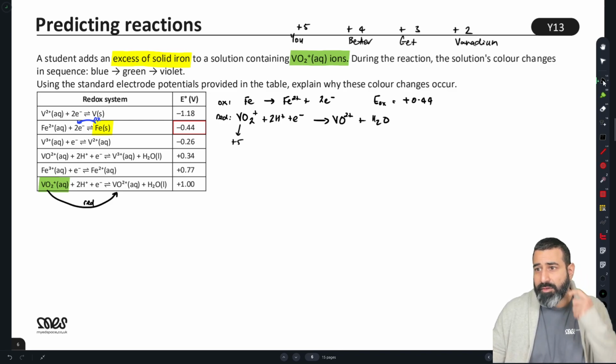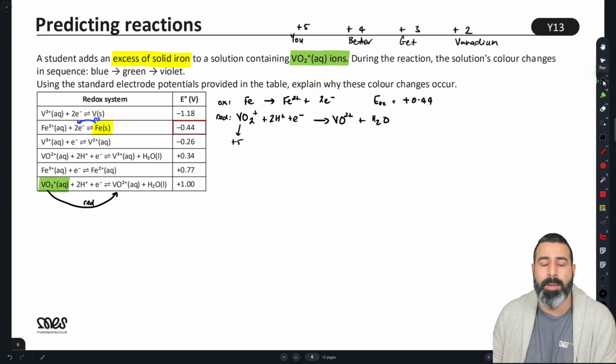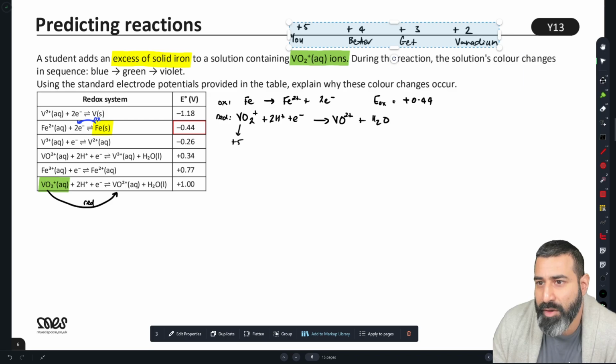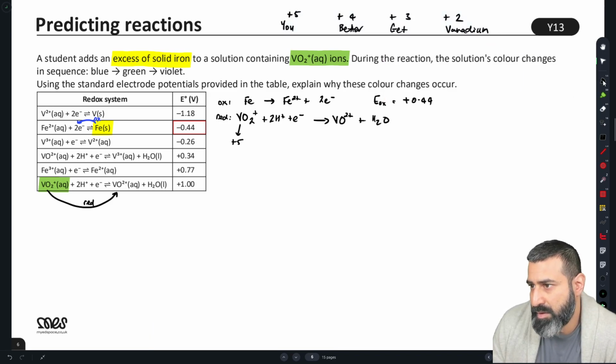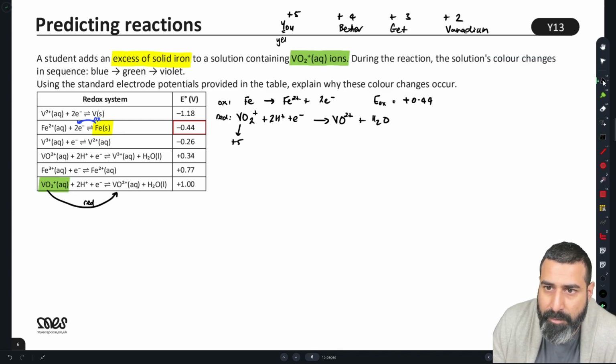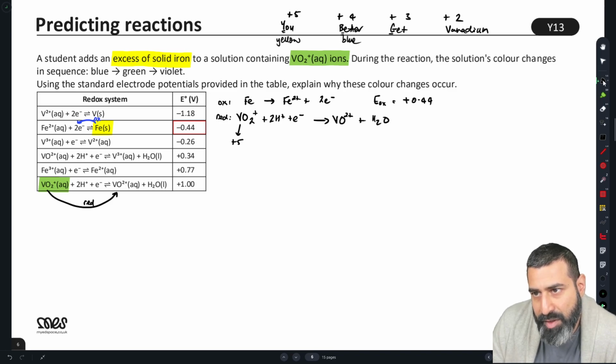And this tells us of the colour changes that we see, okay? Now, "you better get vanadium" is a way of remembering it. What colours did those refer to? Well, the Y stands for yellow, the B in better stands for blue, the G stands for green, and the V in vanadium stands for violet.